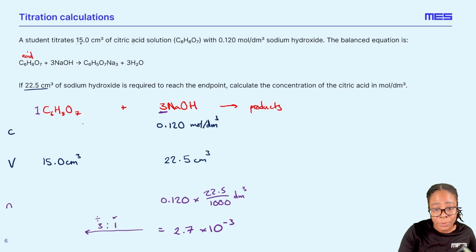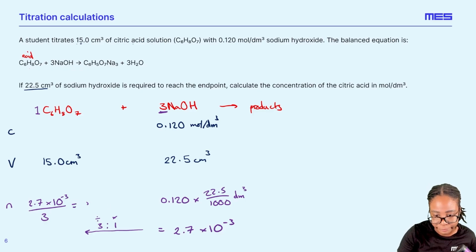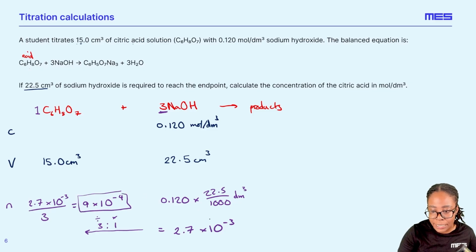And that's going to give me the number of moles of the acid. So 2.7 times 10 to the minus 3 over 3 is equal to, what's that? 9 times 10 to the minus 4.